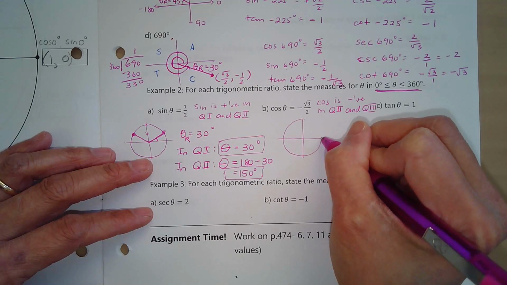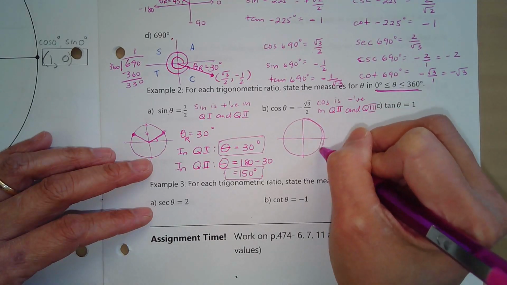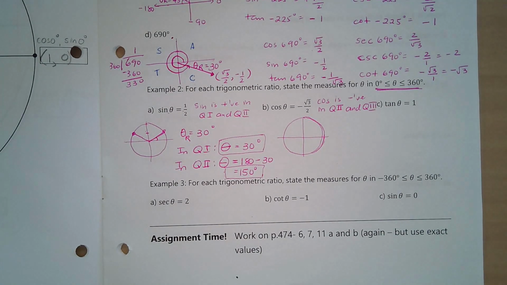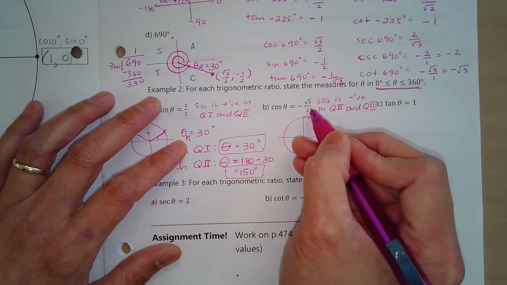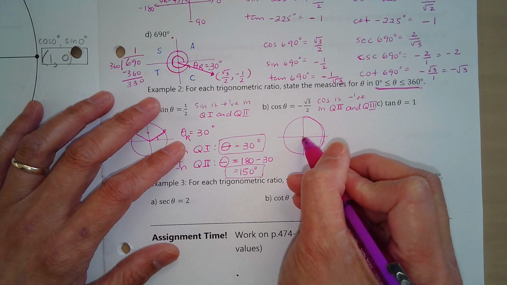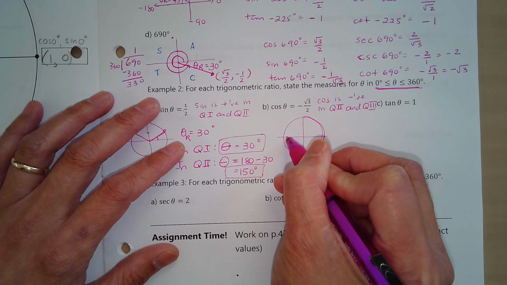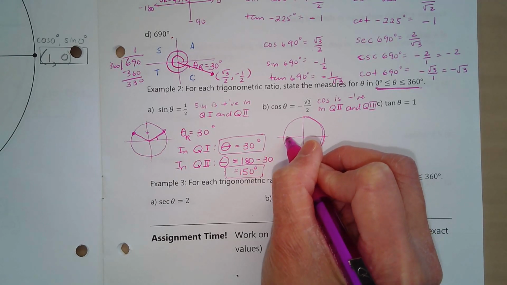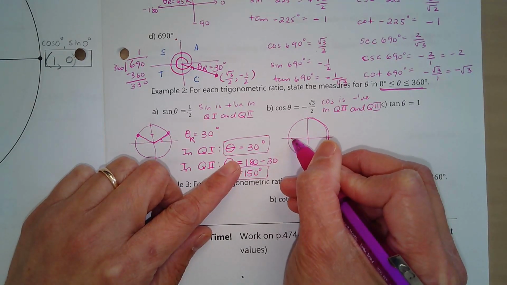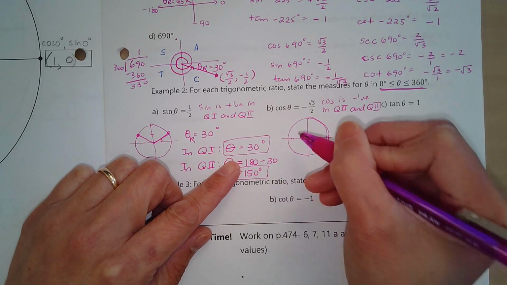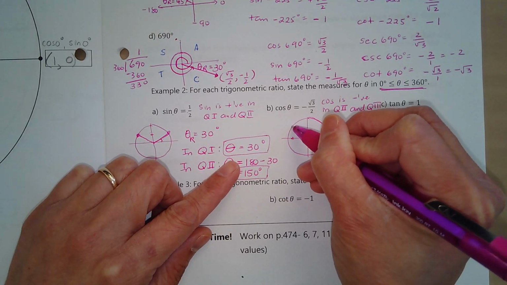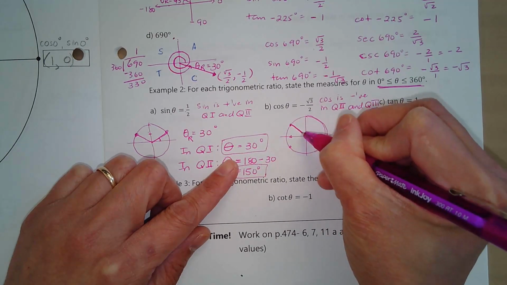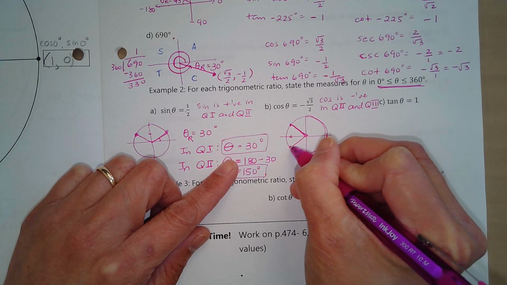The more you play around with this, it gets better, right? So negative root 3 over 2 is over here. Root 3 over 2 is more than 0.5, right? It's 0.866, so it's getting closer and closer to 1. So over here. That's there. So our first angle is in quadrant 2. Second angle in quadrant 3.